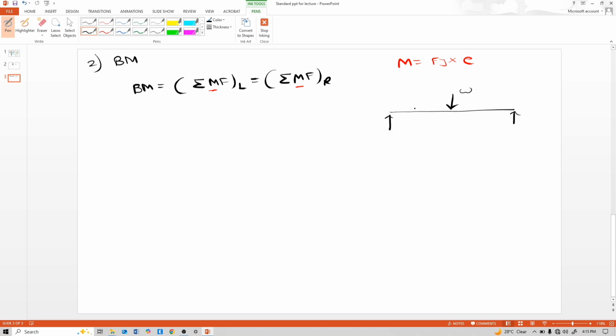This is W, same section XX, but here we calculate moment. Let's consider moment at x location.